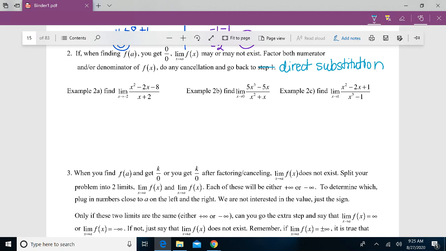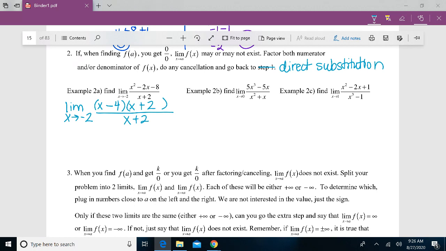Okay, so I'm going to rewrite this limit. When you rewrite the algebra, you have to bring down the limit every single time because you're not doing algebra, you're doing calculus. So bring down your limit notation. I factor the numerator into x plus 2 times x minus 4, over x plus 2.